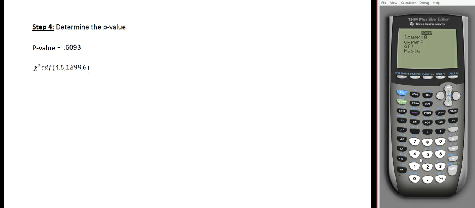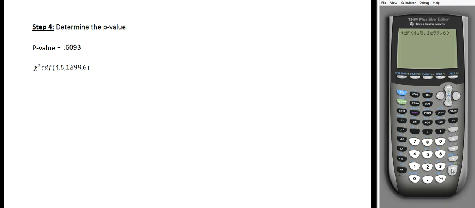So I'm going to go ahead and enter that. So 4.5 for my lower. 1. Now the E is actually second in that little comma. It says EE on your calculator, but it actually just shows up as E. So 1E99, that's our infinity. Degrees of freedom, 6.